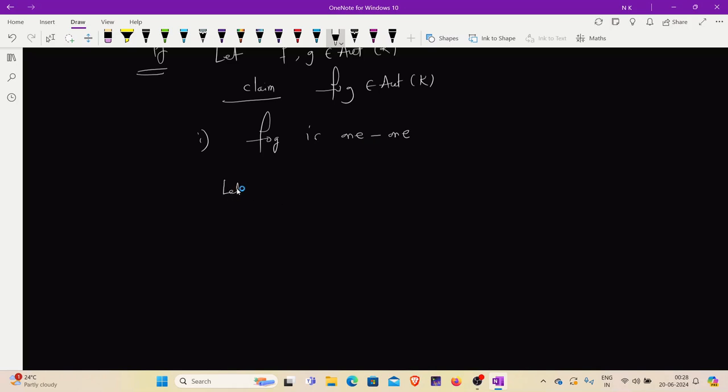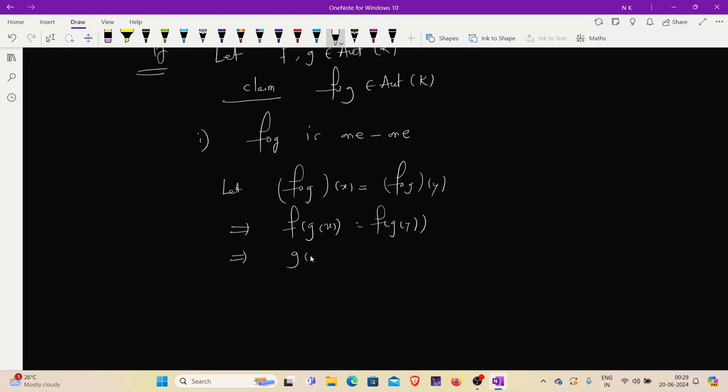So let f composite g of x equal f composite g of y. This implies f of g of x equals f of g of y, because as I told you, f is already an automorphism, so it is one-one.